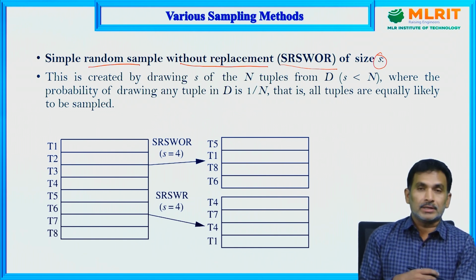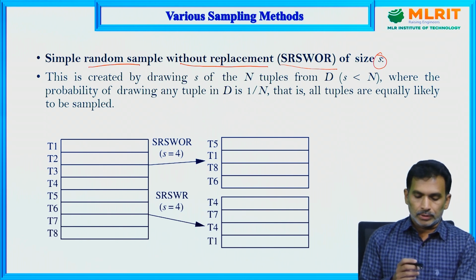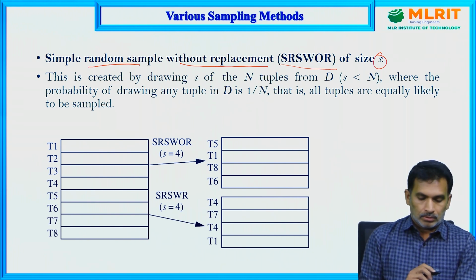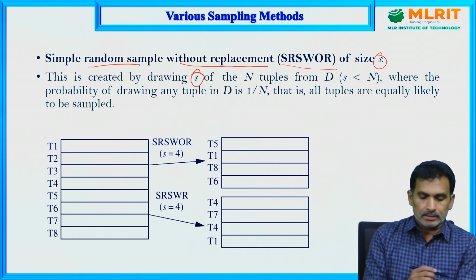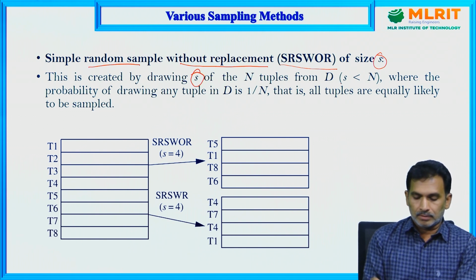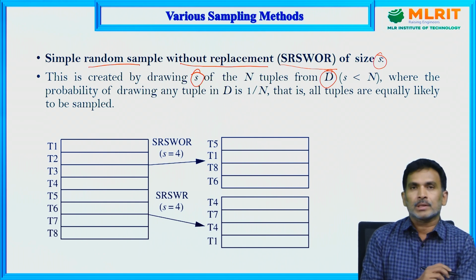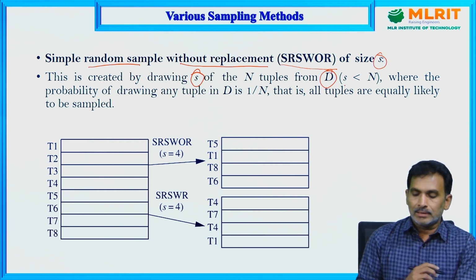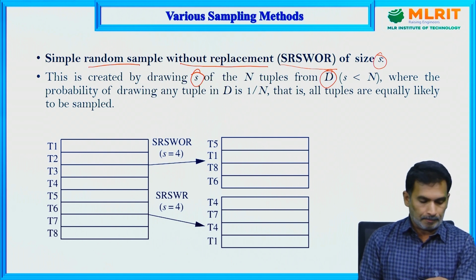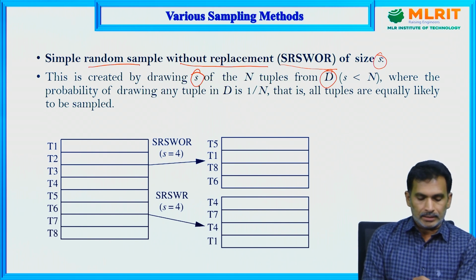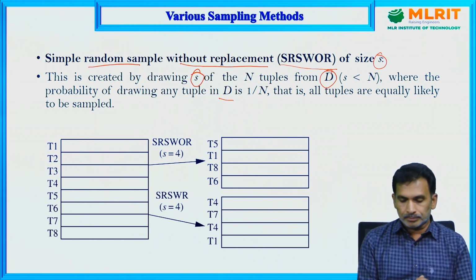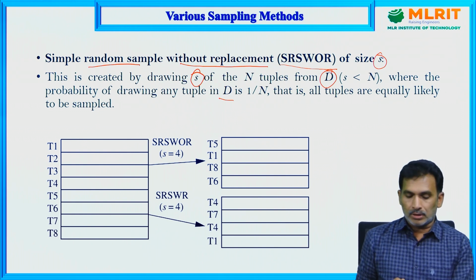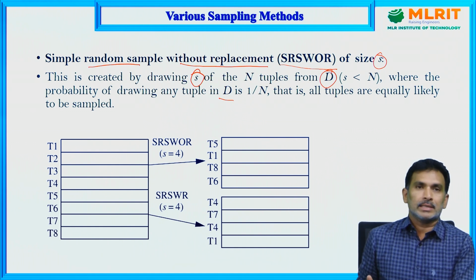This is created by drawing s tuples from the database D, where s is less than or equal to n, with the probability of drawing any tuple in D equal to 1/n. That means every tuple has an equal chance of being selected.